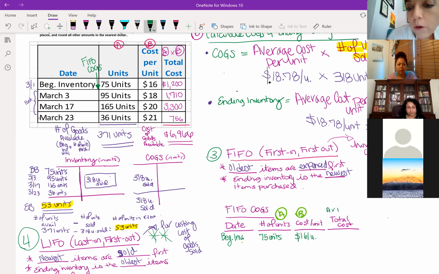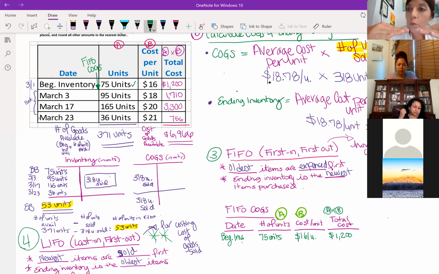Because we're expensing the entire layer, we're going to expense all $1,200 as cost of goods sold. I can do a little check mark here. Once I expense these units, they're gone. They're not going to be included in my ending inventory calculation.